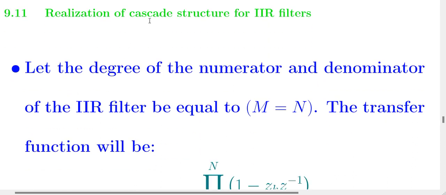Now, realization of cascade structure for IIR filters. Let the degree of the numerator and denominator of the IIR filter be equal to m.